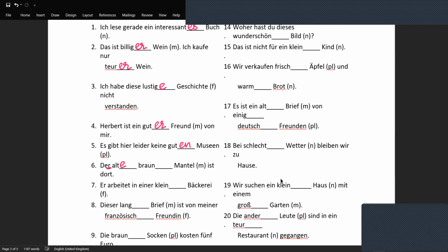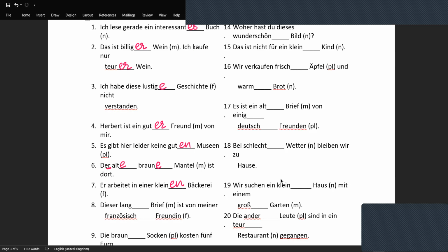So it will be just alter Brown. Alter Brown. Okay. Er arbeitet in einer kleinen Kirche.